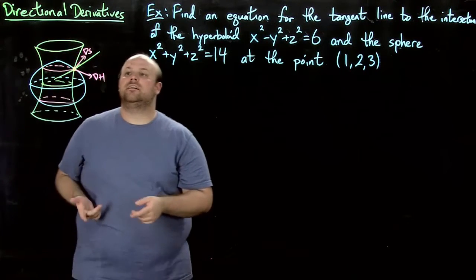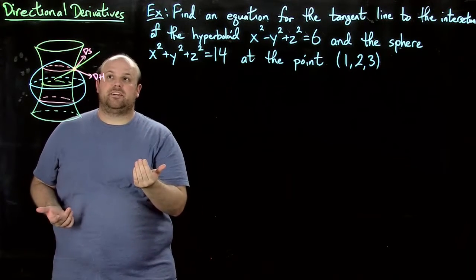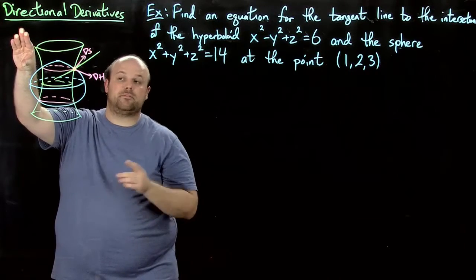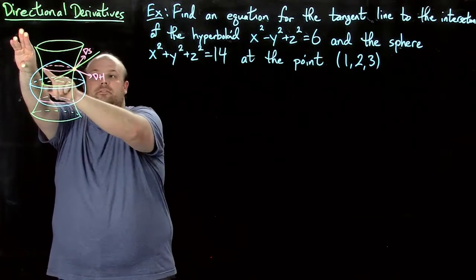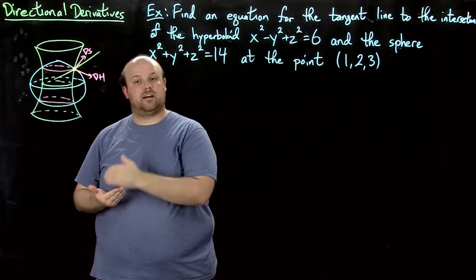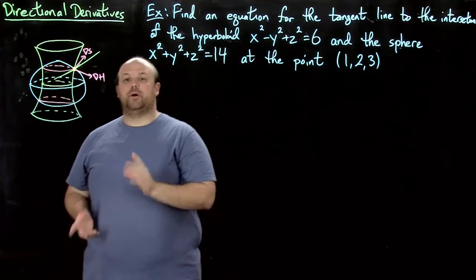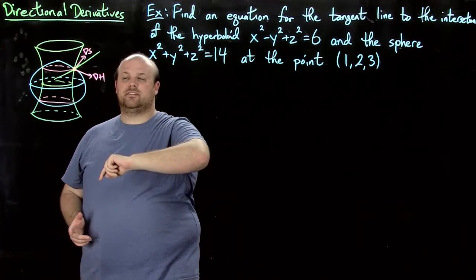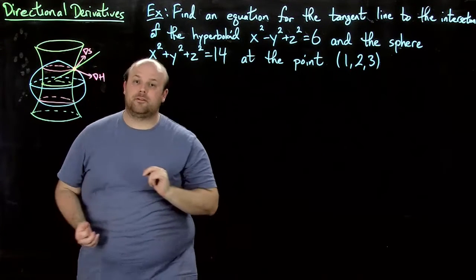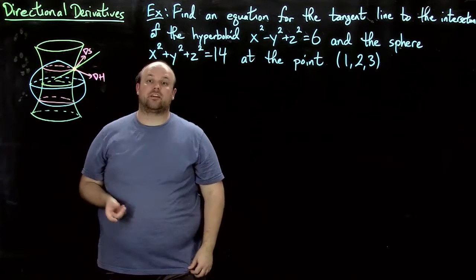And likewise, the gradient of the function for the hyperboloid is perpendicular to the hyperboloid. In particular, it's perpendicular to that curve of intersection, because that curve of intersection also lies on the hyperboloid. So what that means is both the gradient of the sphere and the gradient of the hyperboloid are perpendicular to the curve of intersection.